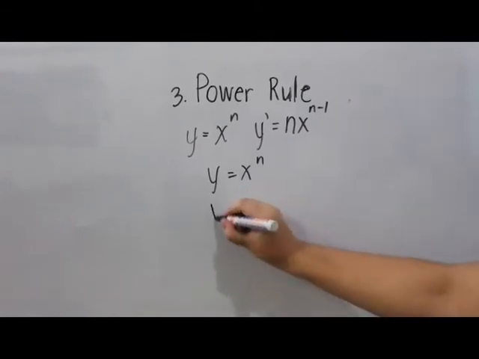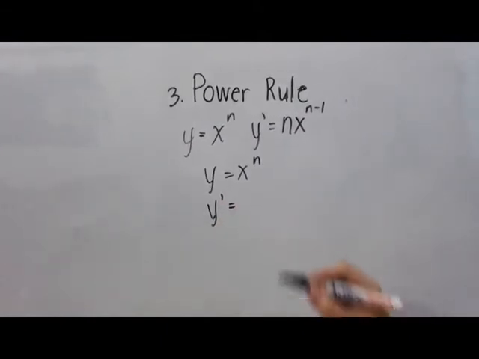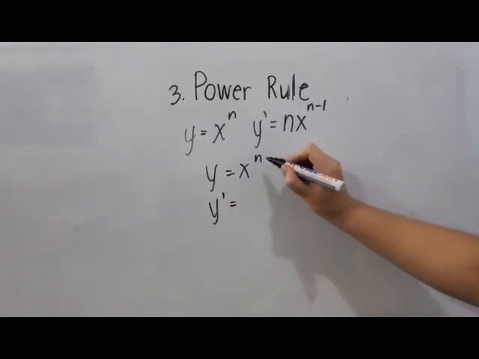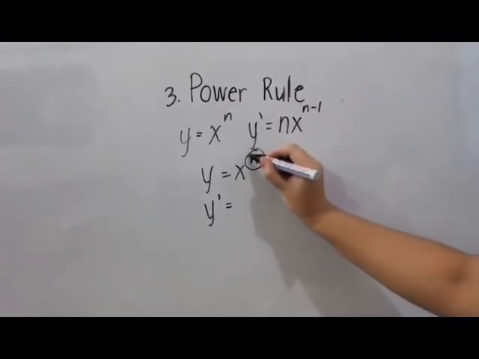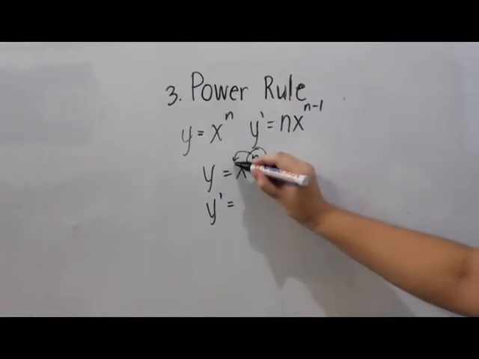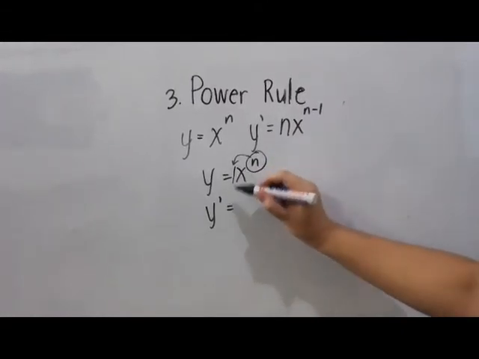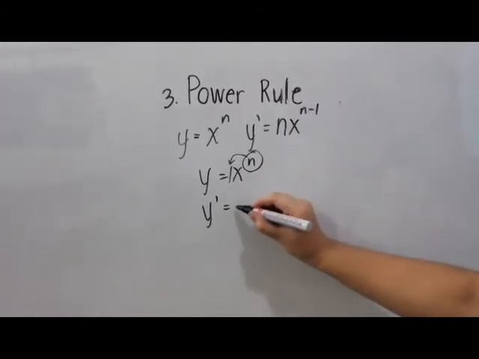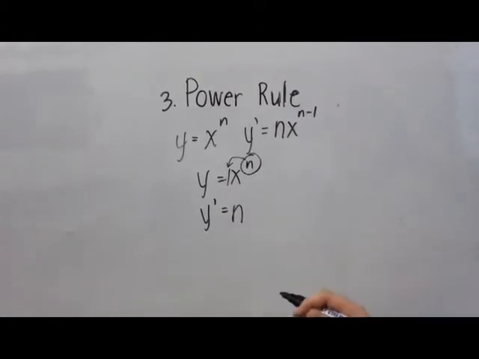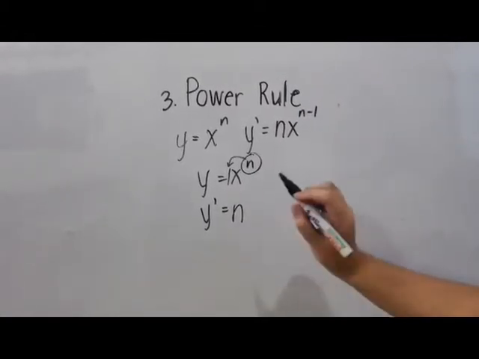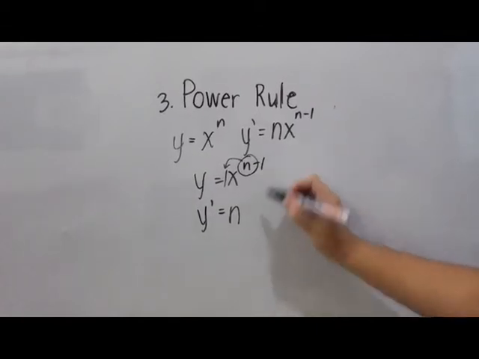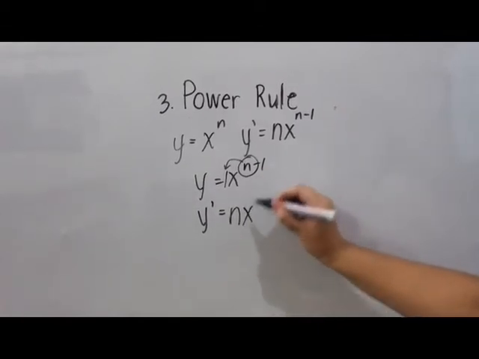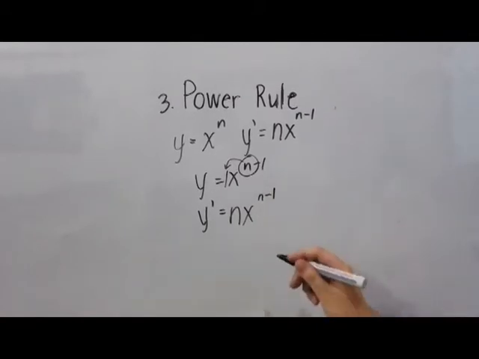How? y prime equals, you would multiply the exponent to its coefficient. Suppose we have a 1 here. So n times 1 equals n. Then next, you would subtract 1 from its exponent. So n minus 1. Copy x, n minus 1.